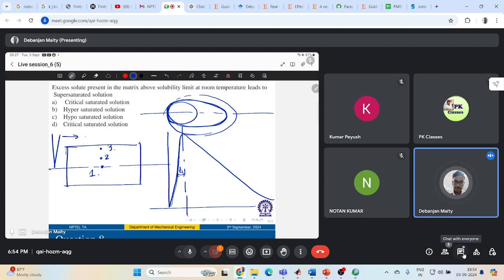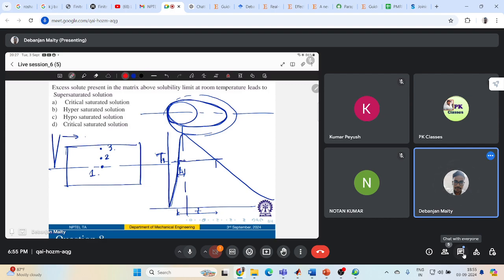We also call it soaking time. My soaking time above this temperature will be this much of time. So this is one parameter.